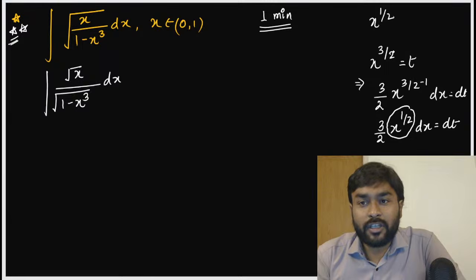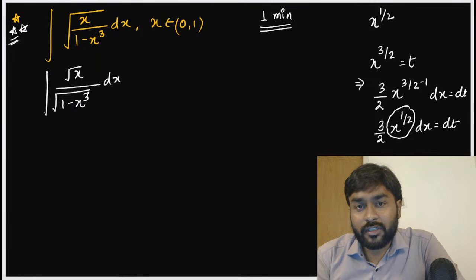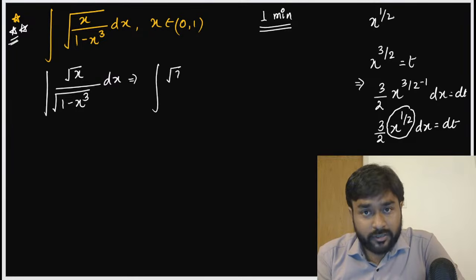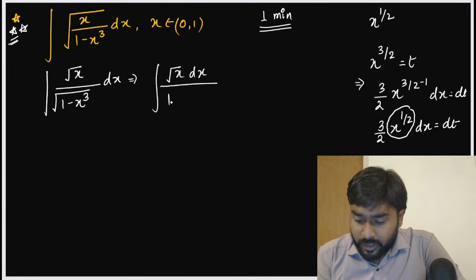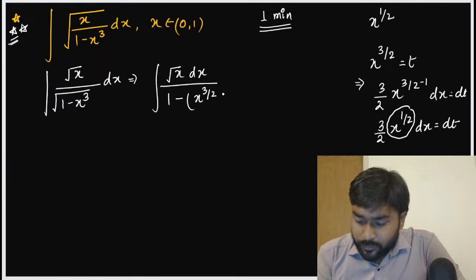So how can we generate it? We write x cube as x power 3 by 2, whole squared. So I am writing it in this form: root x dx, then 1 minus x power 3 by 2 squared, under root.